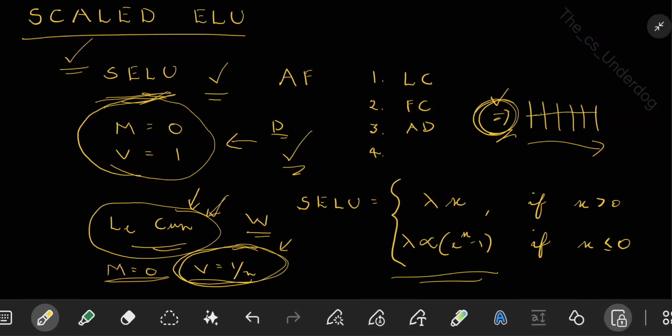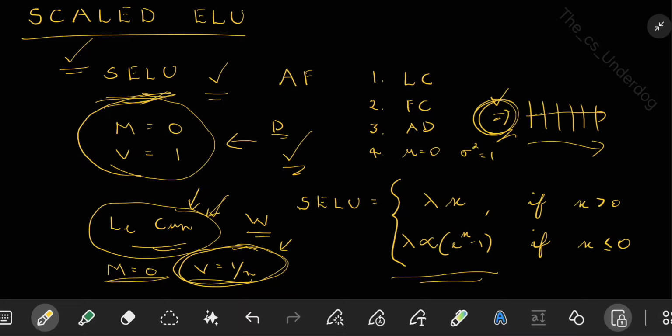Then when it goes through the layers, it will make sure that it is self-normalizing. So the input data should have mean equal to 0 and variance equal to 1. Sigma square is variance, mu is mean. Mean equal to 0 and sigma square equal to 1. This should be satisfied for the input data. Then only this whole concept works.